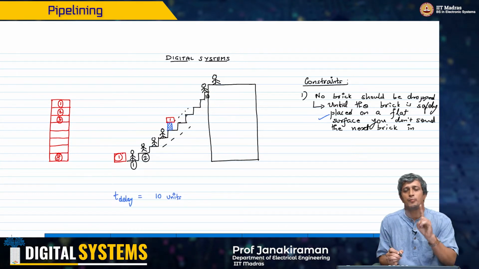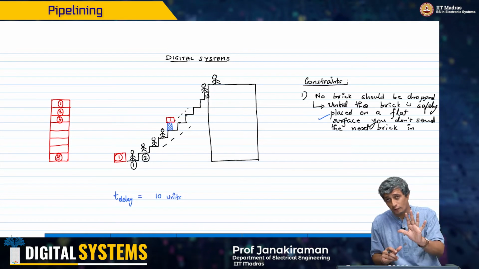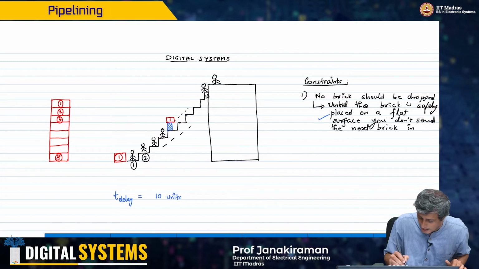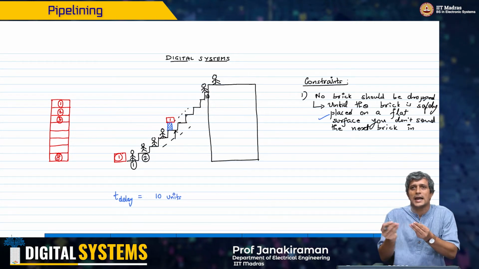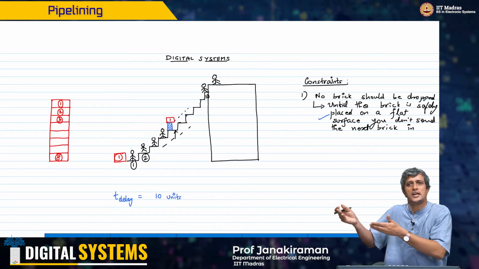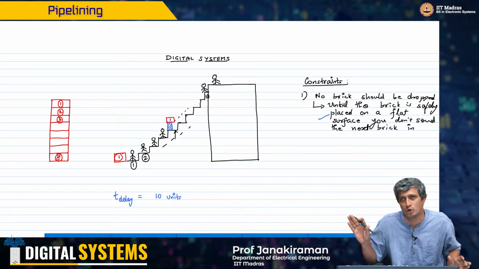Now the brick has been placed on a flat surface on that pedestal, and therefore the next brick can come. So the person standing on this stair can, even if there is some slight delay, turn around and still take it from this pedestal and give it to the next person. The brick will not fall and break. You are guaranteed about this.